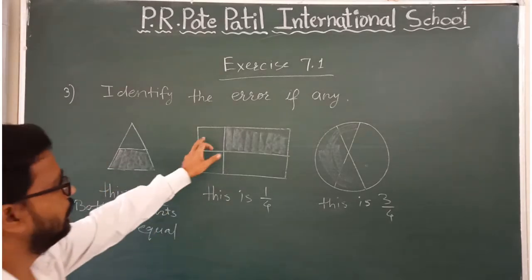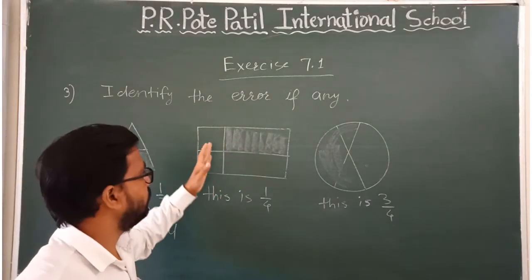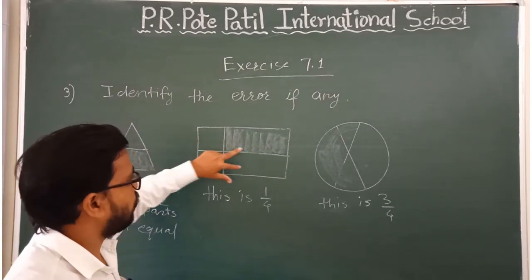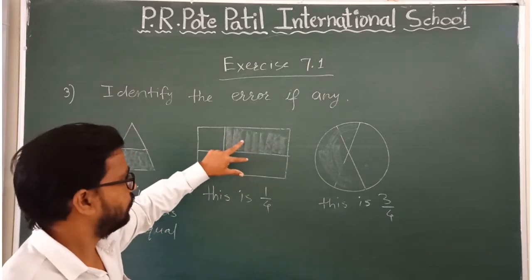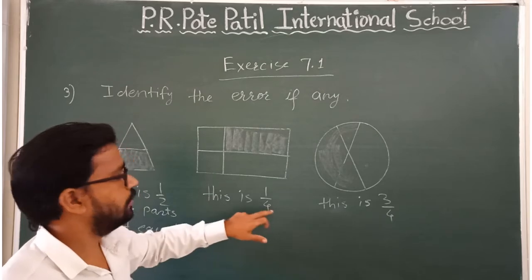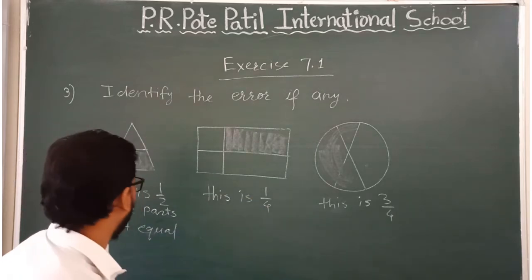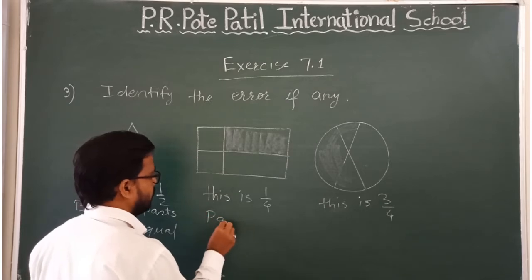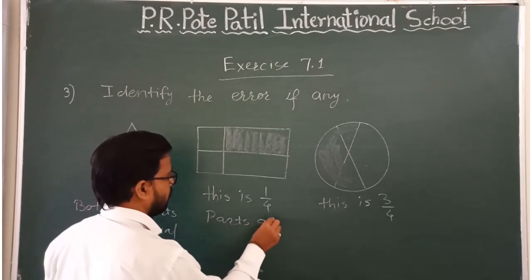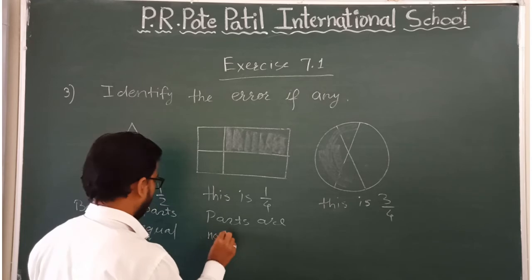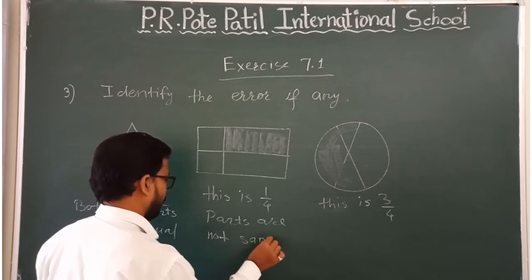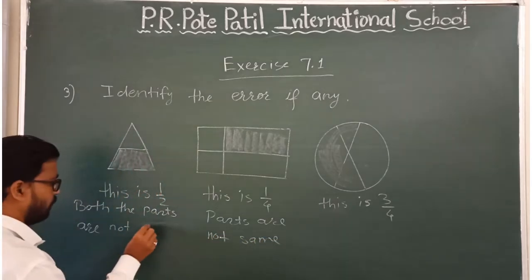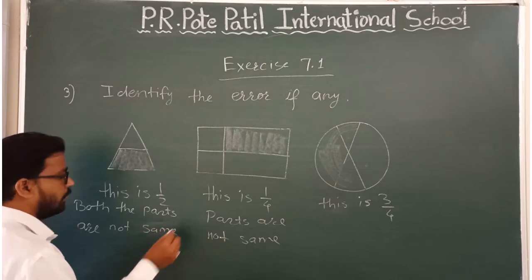Same here also, here 4 parts are there, but from these 4 parts, 2 parts are smaller and 2 parts are bigger. Okay, so here also this is not a 1/4. Why? Because the parts are not the same.